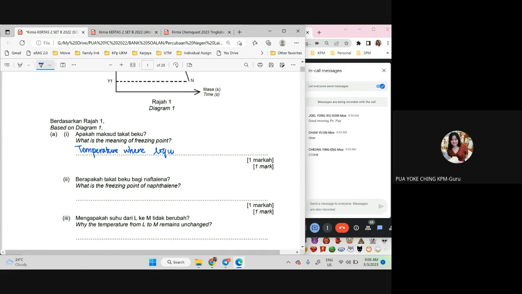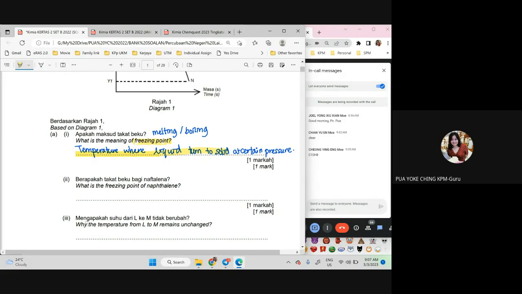Freezing is liquid turning to solid at a certain pressure. You must include pressure, because at different pressures you will have different freezing points. Questions on freezing point, melting point and boiling point are answered the same way; only the state changes. You mention the particular state change. These are the definitions of freezing point, melting point and boiling point.